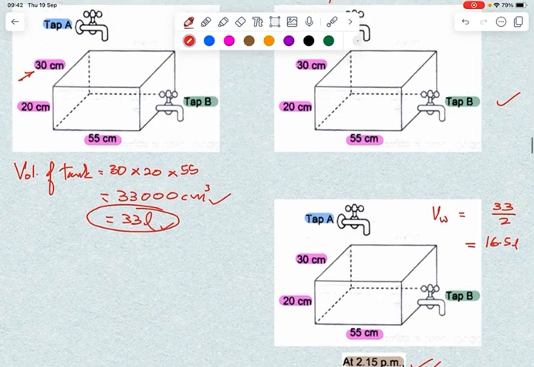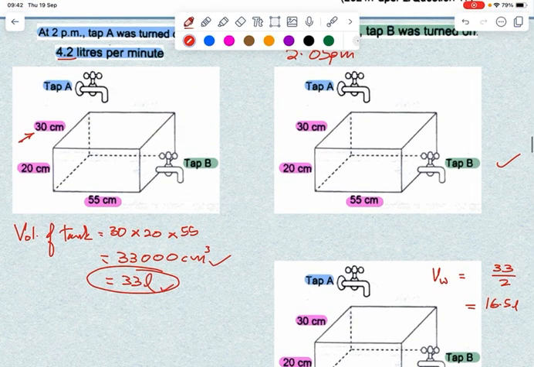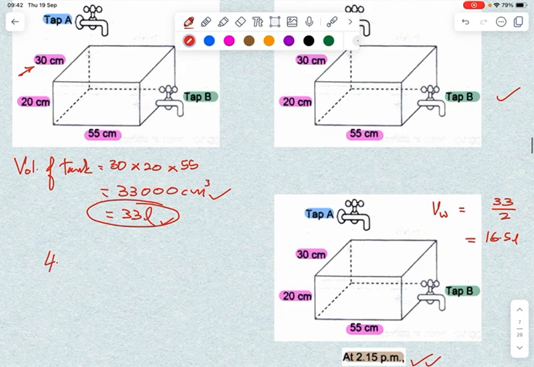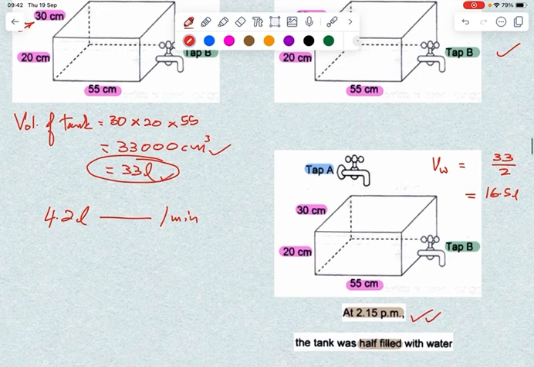And we look back at our tap A here. It is flowing at a rate of 4.2 liters per minute, which means 4.2 liters in 1 minute. Now, assume that tap B was never turned on. That means at 2:15 p.m., after 15 minutes, the tank would have 15 times 4.2 liters.